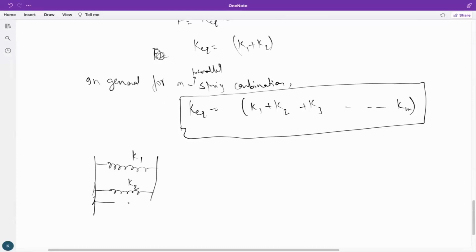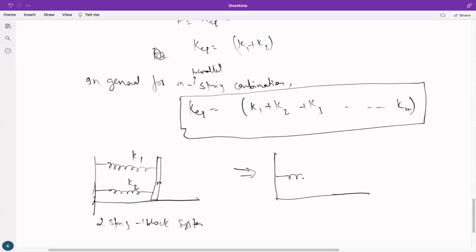Sorry for my diagram, but assume both springs are in parallel. It is a two spring, one block system. What I have done here is convert this system into a single spring block system with K equivalent. We all know that the K equivalent here is K1 plus K2.